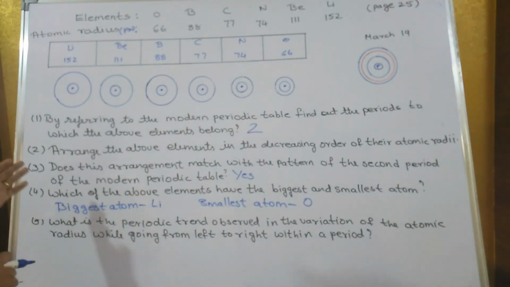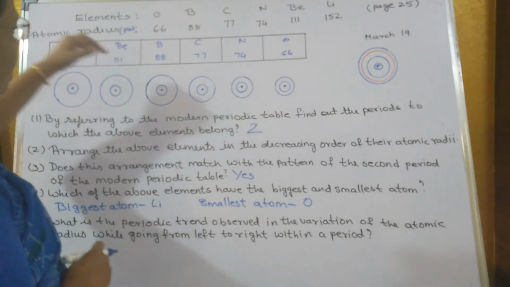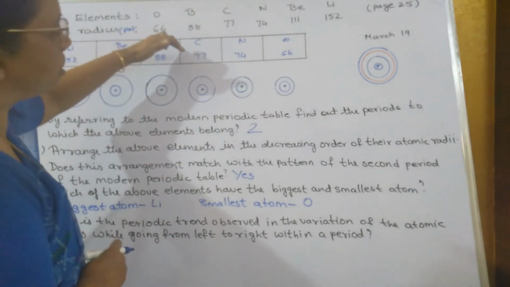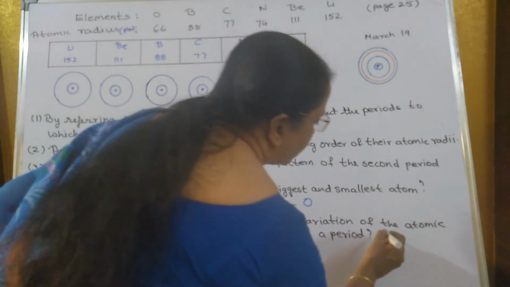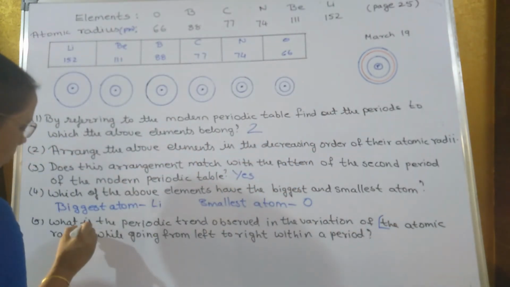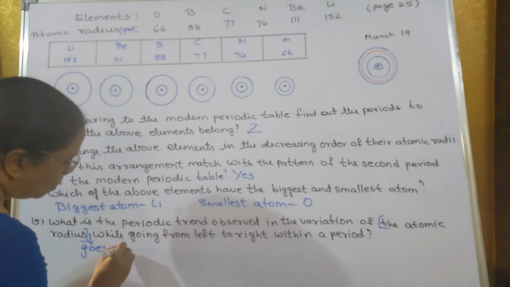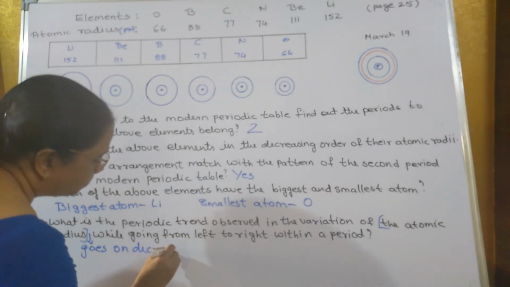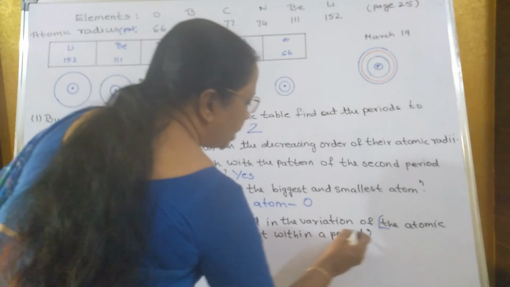So what periodic trend is observed, मतलब क्या दिखाई देता है रेडियस में? तो रेडियस क्या होता है, जैसे जैसे आगे जाता है, when you go from left to right the radius goes on decreasing. तो जैसे जैसे लेफ्ट से राइट में जाता है तो रेडियस को क्या होता है, रेडियस कम कम कम होते जाता है, it goes on decreasing. So the atomic radius goes on decreasing while going from left to right within a period.